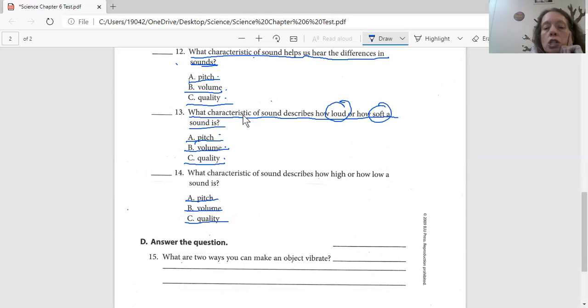The question says, what characteristic of sound describes how high or low a sound is? If you think high or low talks about pitch, put an A. If you think high or low means volume, put B. And if you think high or low talks about quality, put a C.